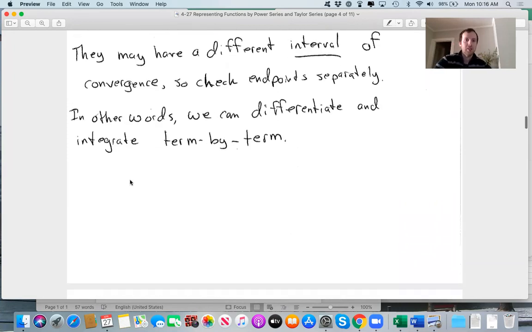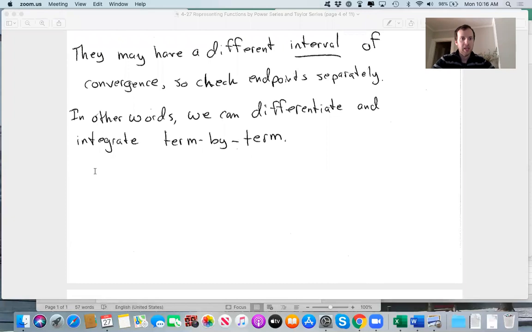So for instance, and we'll go through this example a little bit later, but I want to write out this term by term stuff. Suppose you had a function whose series was 1 plus x plus x squared plus x cubed plus x to the 4th plus so on.